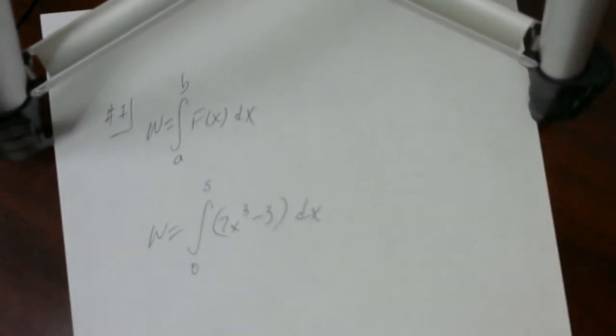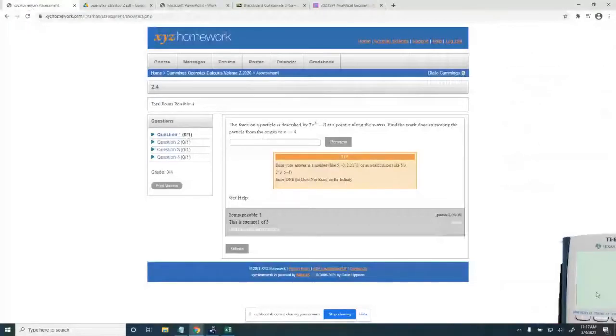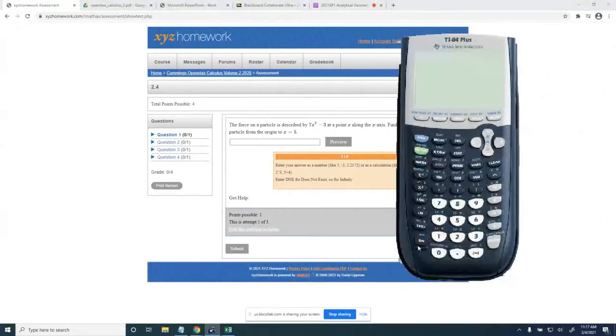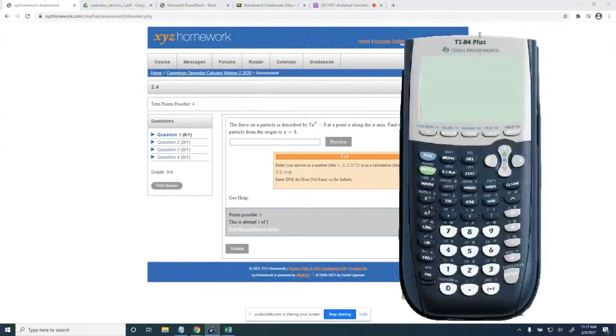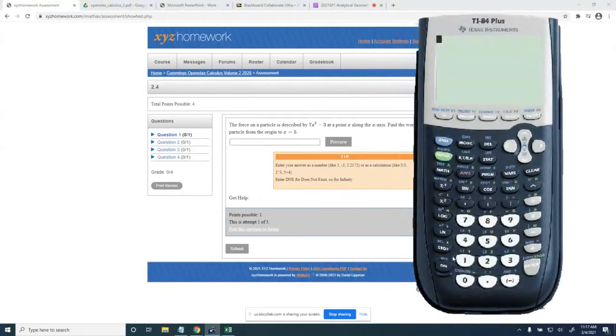All right. Now, as far as the integration is concerned, I'm going to speed that up a little by using the calculator. So I'm going to use the integration function.